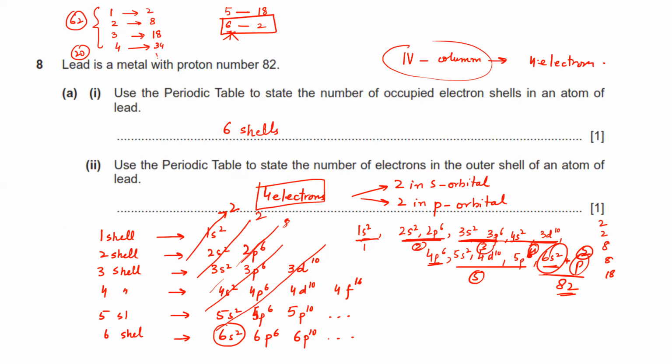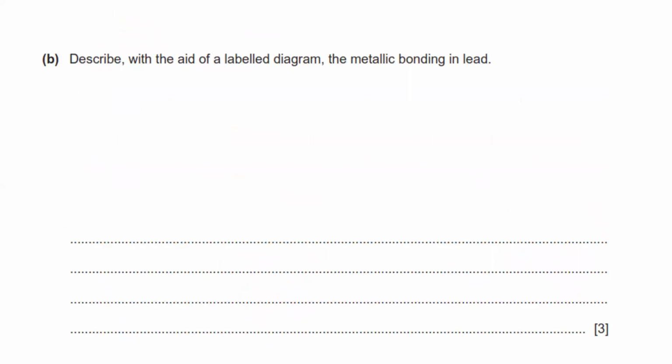I beg your pardon that I took it to a different dimension, but moving ahead, question number 8, part B, says: describe, with the aid of a diagram, the metallic bonding in lead.